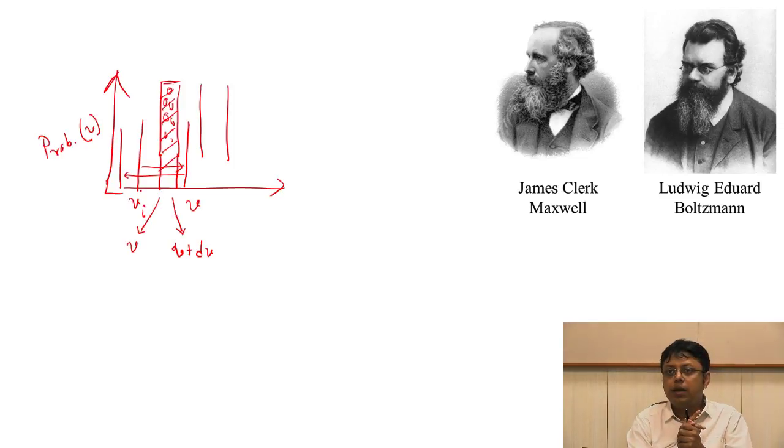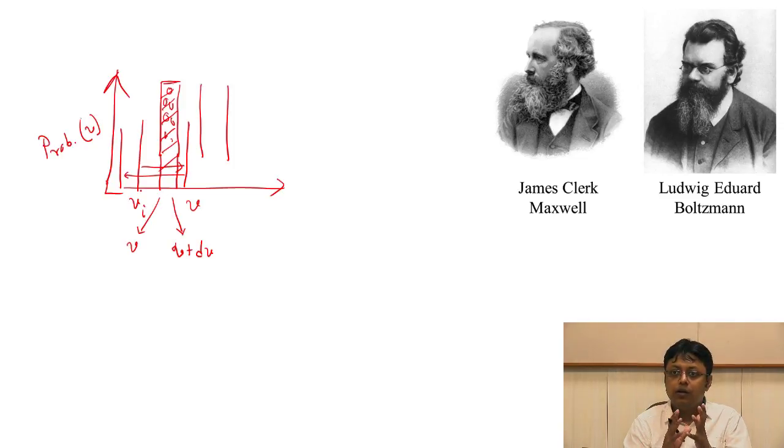Now we'll make some assumptions to begin with. There are many ways to derive this Maxwell-Boltzmann distribution of molecular speed, but the way we are going to do it is slightly less rigorous, mostly conceptual.